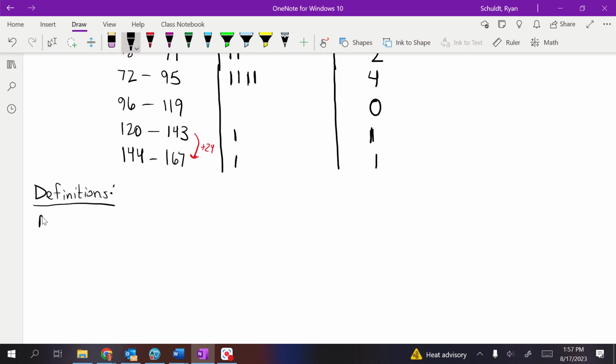We're going to have midpoint. The midpoint is the sum of the upper and lower limits divided by 2.